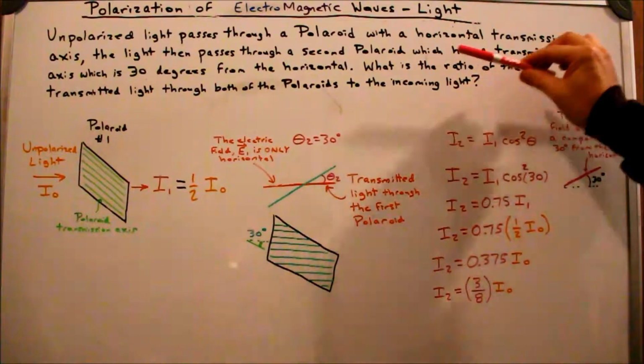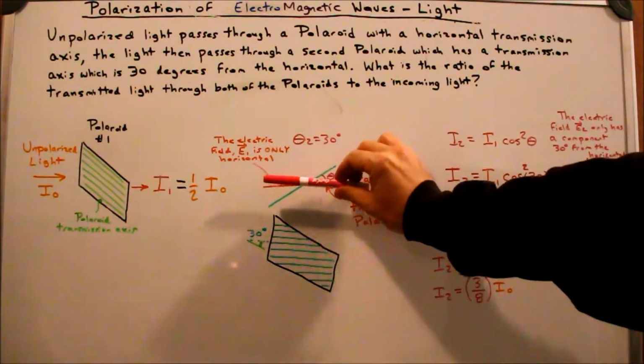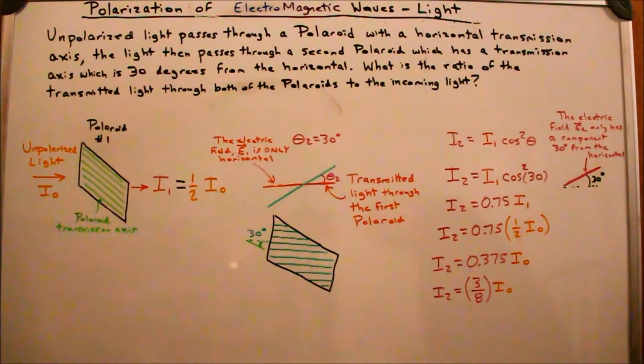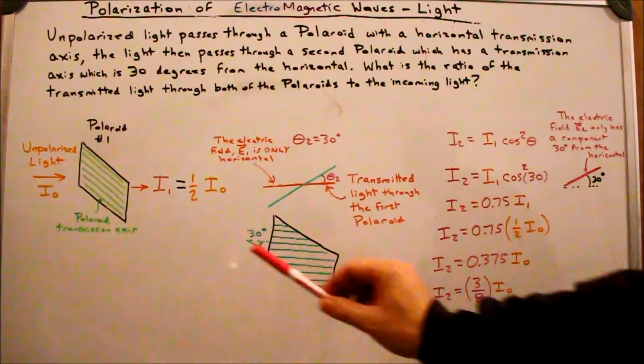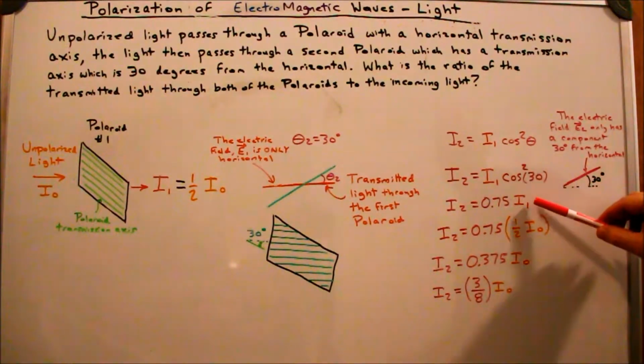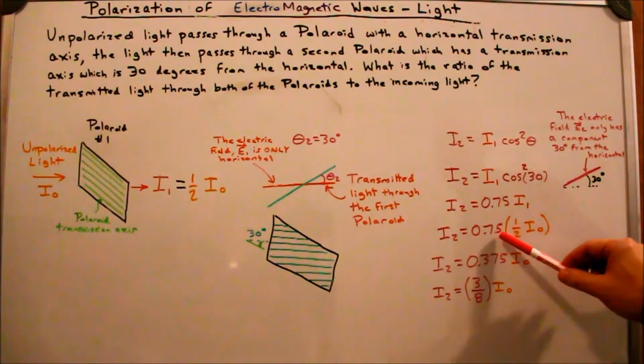We're told that this second one has a transmission axis 30 degrees from the horizontal, which is also 30 degrees then from what left the first Polaroid. So there's my 30 degrees. So cosine squared of 30 degrees is 0.75.